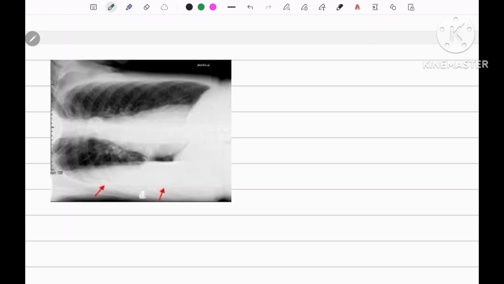And this is the third view, which is the lateral decubitus view. Actually, it is taken when we have to know about the effusion. If the effusion is not clearly distinct on the chest X-ray AP and PA view, then we take the lateral decubitus position. During this position, if there is a little amount of fluid, it gets collected, and we can also see the smaller amount of fluid collected in the chest X-ray.